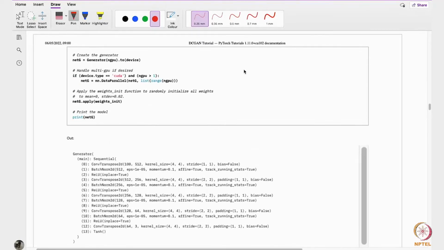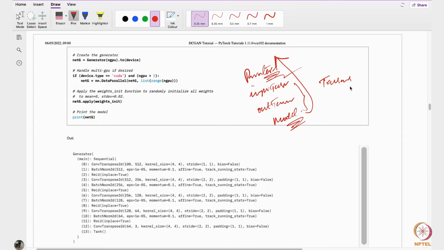Here in deep learning, all the parameters, all the input tensors, the output tensors, and even the model, meaning these parameters, will come into play. Everything should be in the format of tensors only. If you are using a GPU, all these tensors are to be moved to GPU tensors.